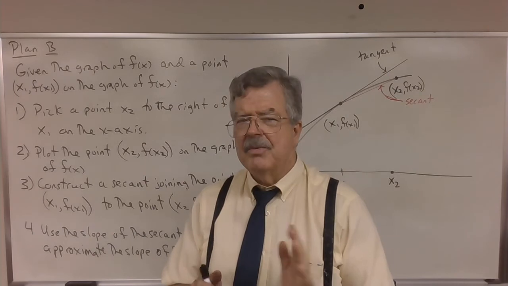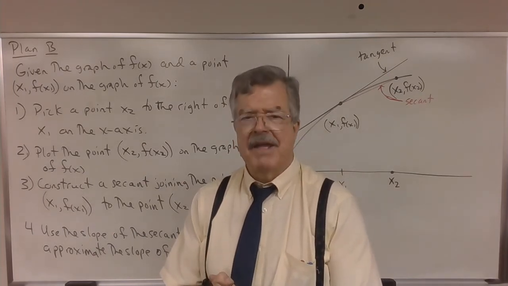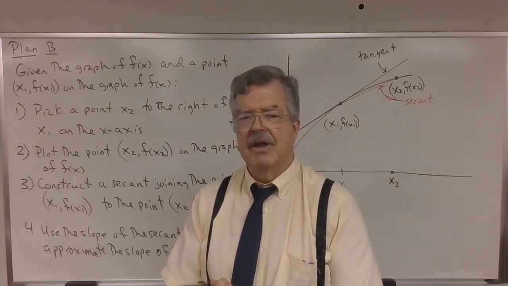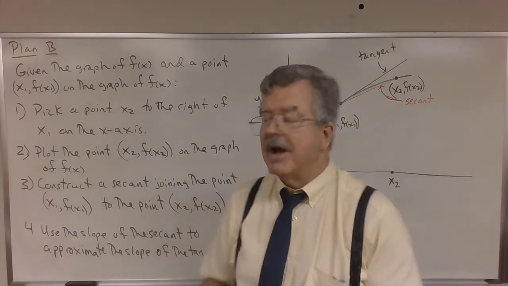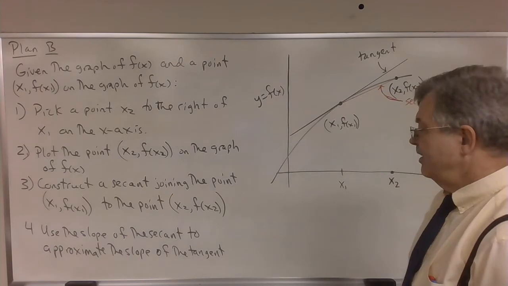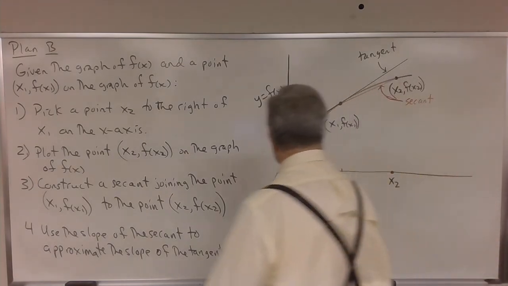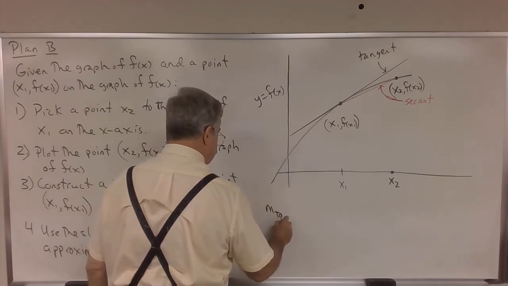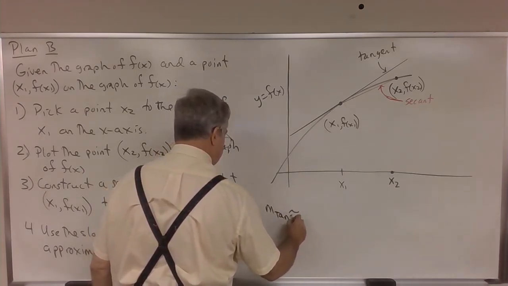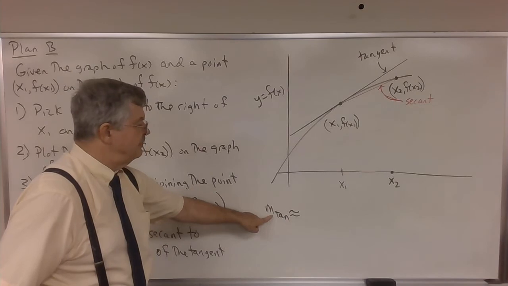And remember we said that by convention we use the lowercase letter m to denote slope. So I'm going to call the slope of the tangent m sub tan. This is the slope of the tangent.